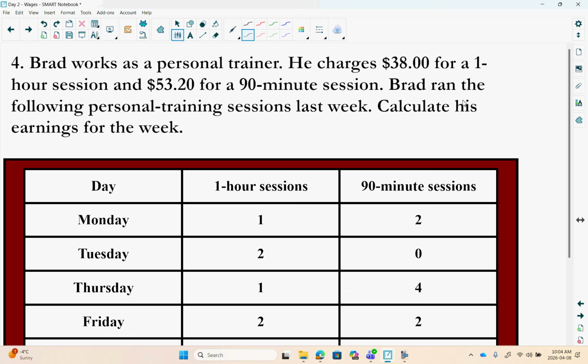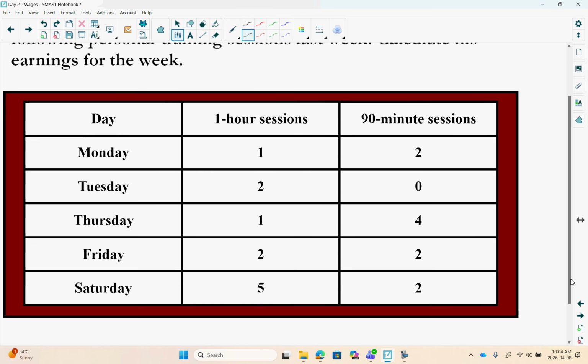On Tuesday, he did 2 1-hour sessions and no 90-minute sessions. On Thursday, he did a 1-hour session and 4 90-minute sessions. Friday, 2 1-hour sessions and 2 90-minute sessions. And on Saturday, he went gangbusters. He went all out. 5 1-hour sessions and 2 90-minute sessions.